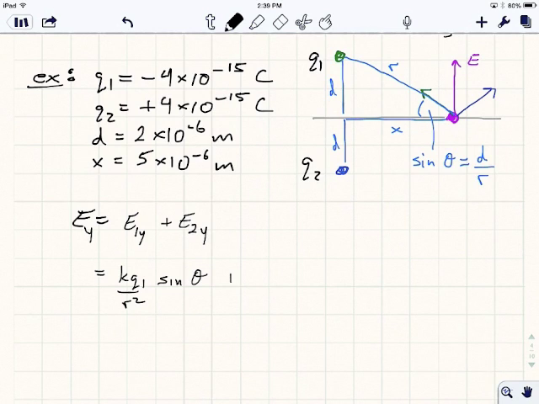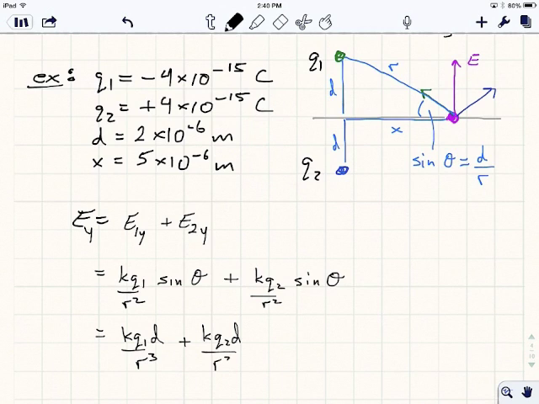And to this I have to add kq2 over r squared, and again, I want the y component, or the sine of the angle. Now I can replace the sine of the angle with d over r, and this simplifies to kq1 d over r cubed plus kq2 d over r cubed.